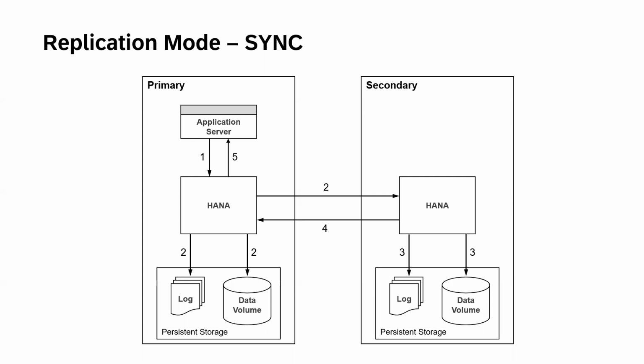The secondary also saves it to its own data volumes and log segments and sends an acknowledgement to the primary HANA instance. Only when the acknowledgement is received from the secondary node will your primary HANA instance send an acknowledgement to the application server that your data has been written, and only then will you get your updated screen, saying your PO has been created.